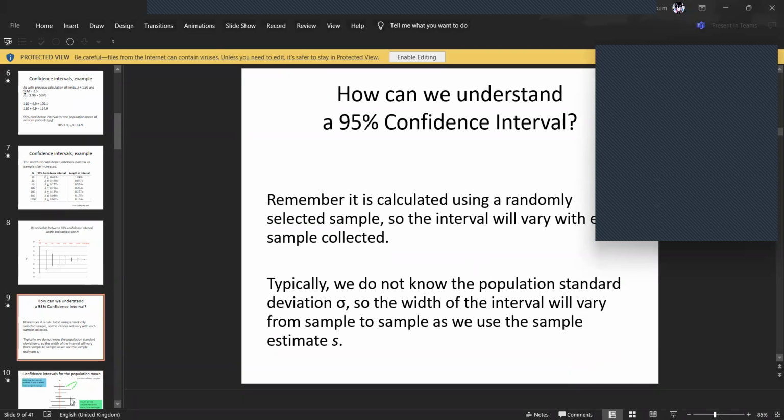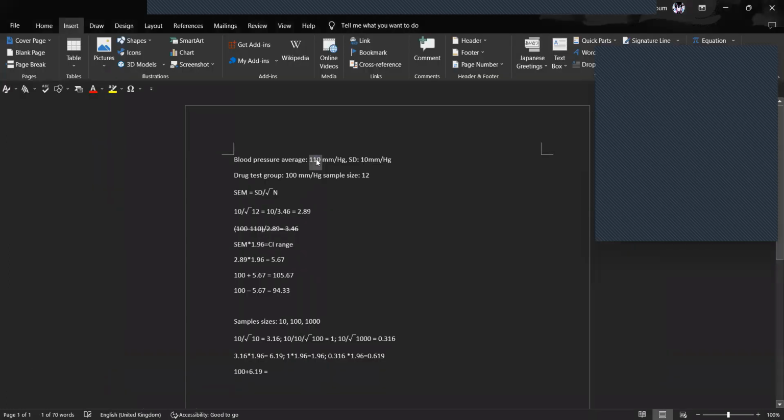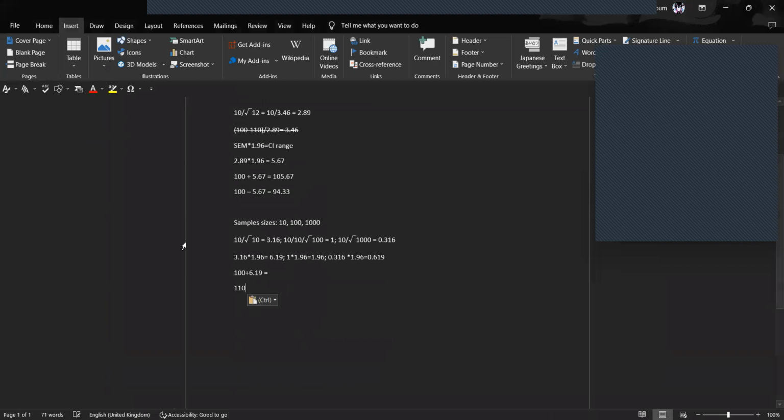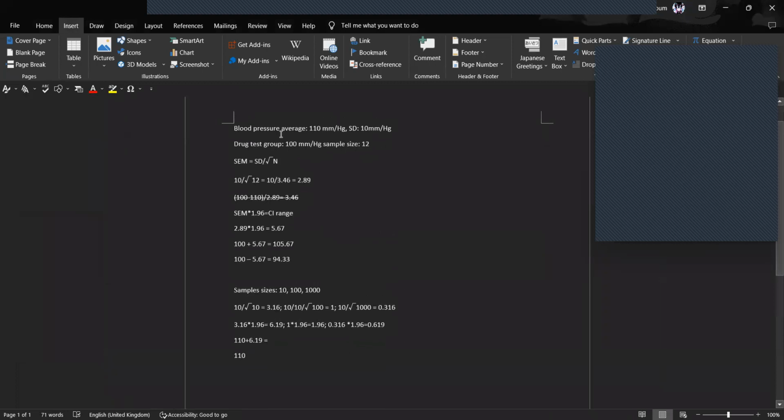So for this case, we'd take 110, and then we'd apply all of these equations over here. So basically instead of 100 plus 6.9, it's just 110.